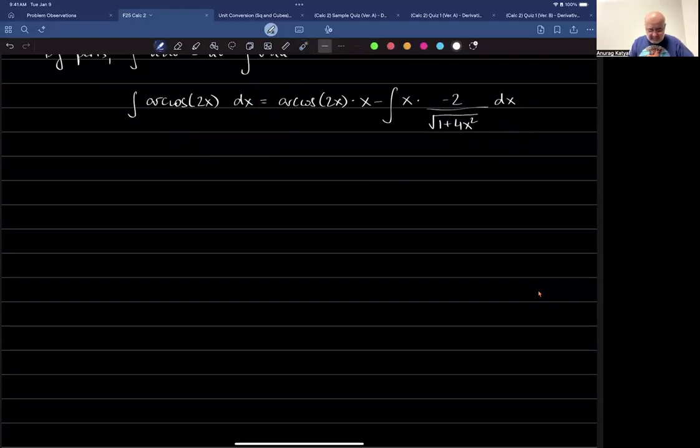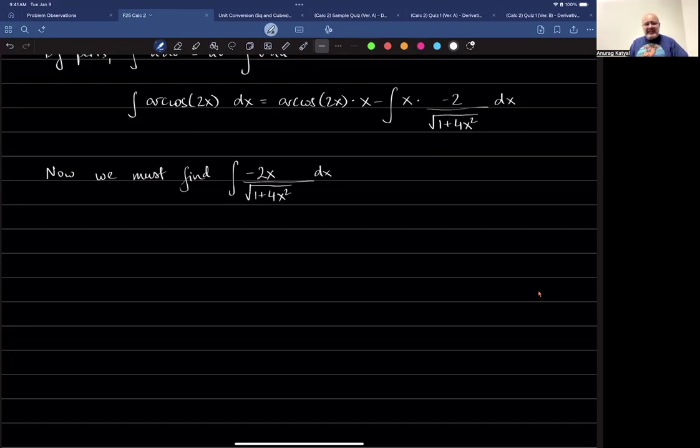So we essentially now must find the antiderivative of -2x over square root of 1 plus 4x squared dx.